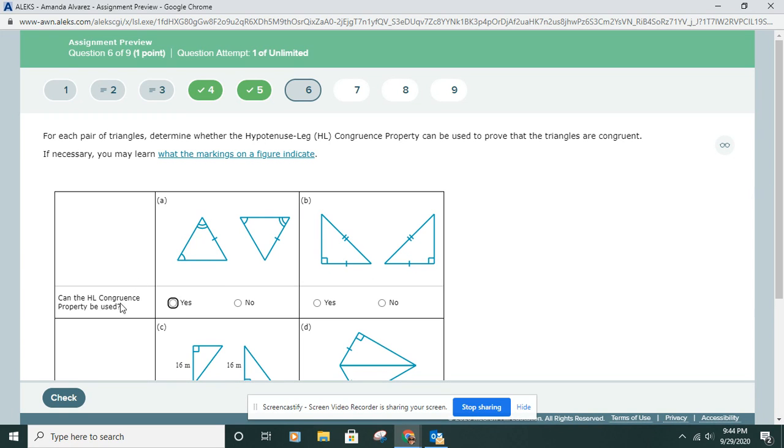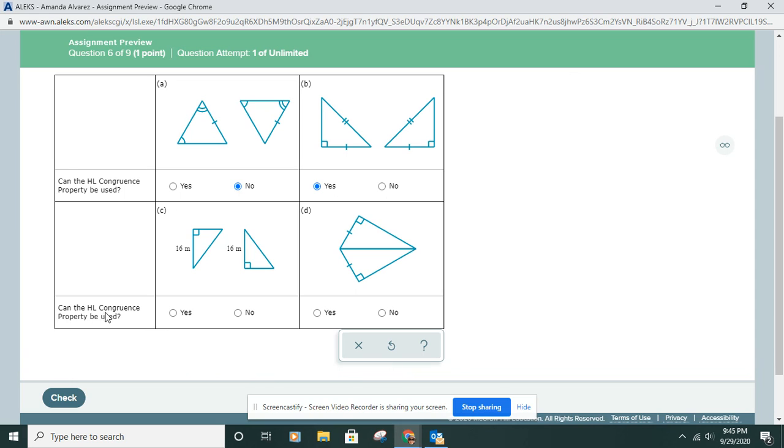So all you have to do is say yes or no if HL congruence can be used. On A, I see no right angle. That right away is a no. On B, I see a right angle, hypotenuse leg, right angle, hypotenuse leg, so yes. And then same question, can the HL congruence property be used? I see a right angle, and I only see the side marked, not the hypotenuse.